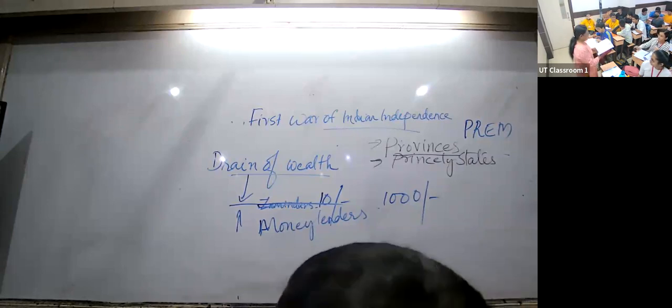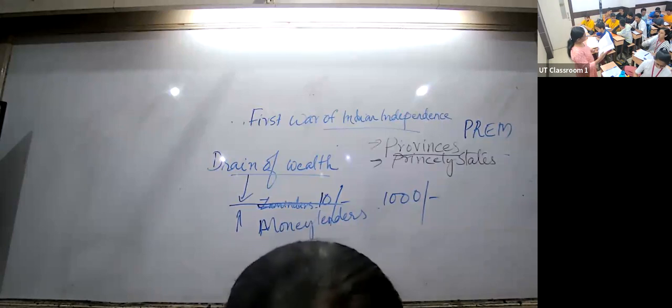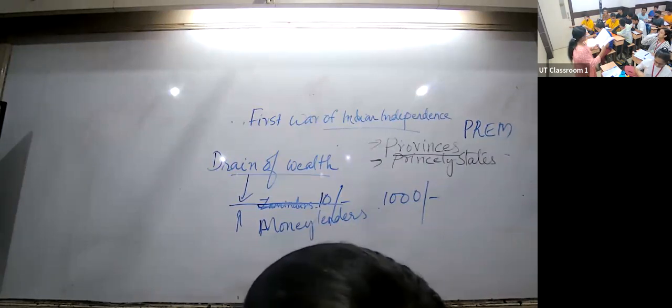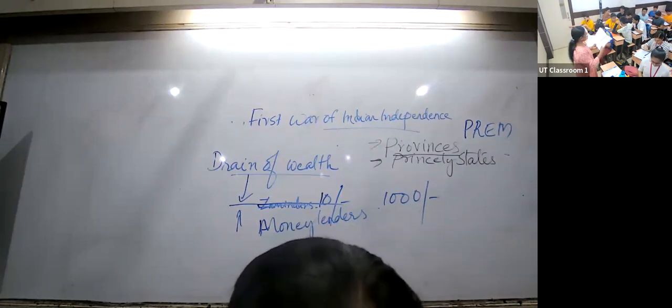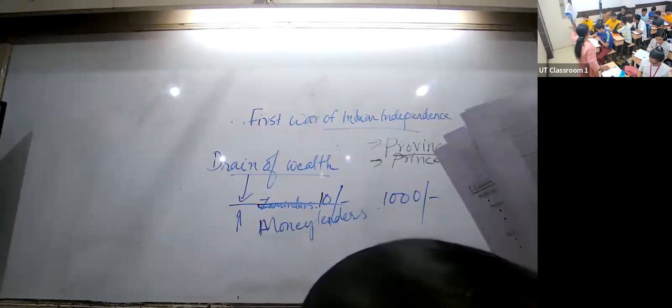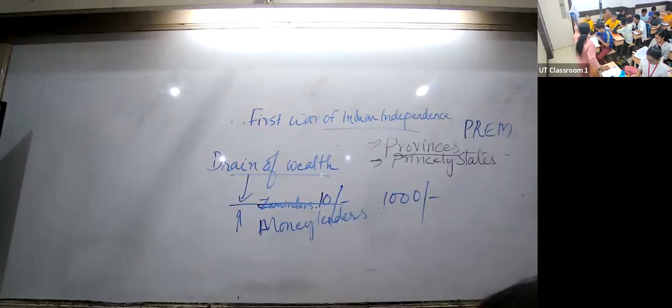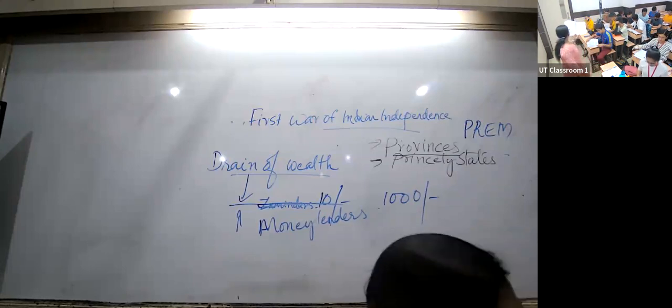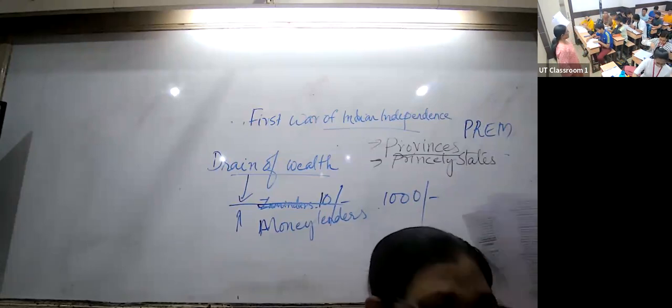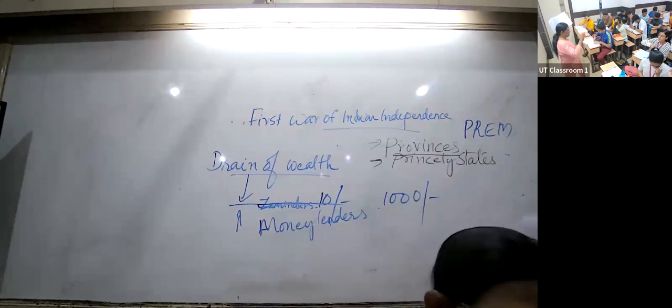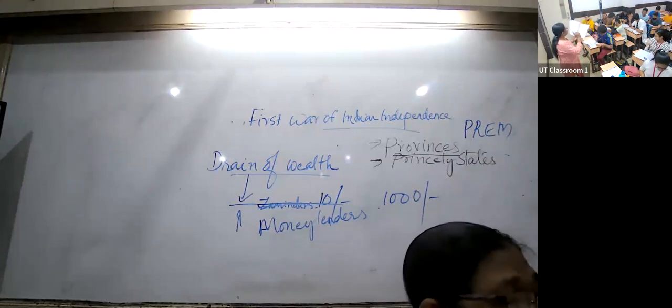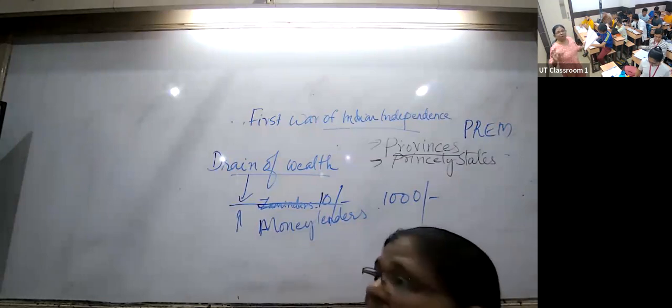Now, for comparative purpose, page number 20, we have 21. Page number 20, review exercise, have you seen? Yes. All that, the review exercise for skills, you have to do.